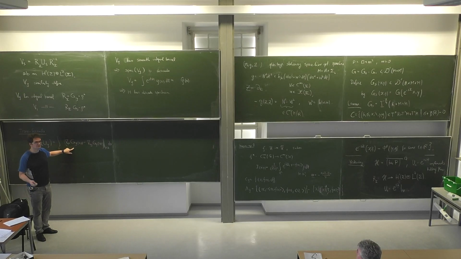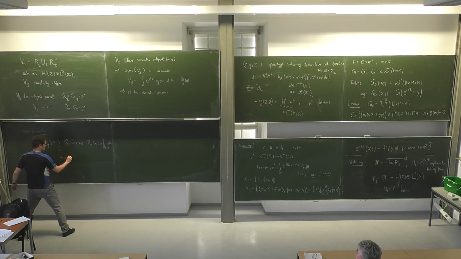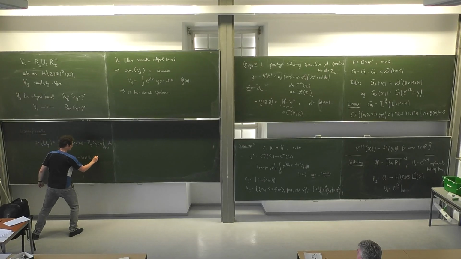Do you see that? I guess the computation is the same that you do when you have u of x times v of y minus v of x times u of y.